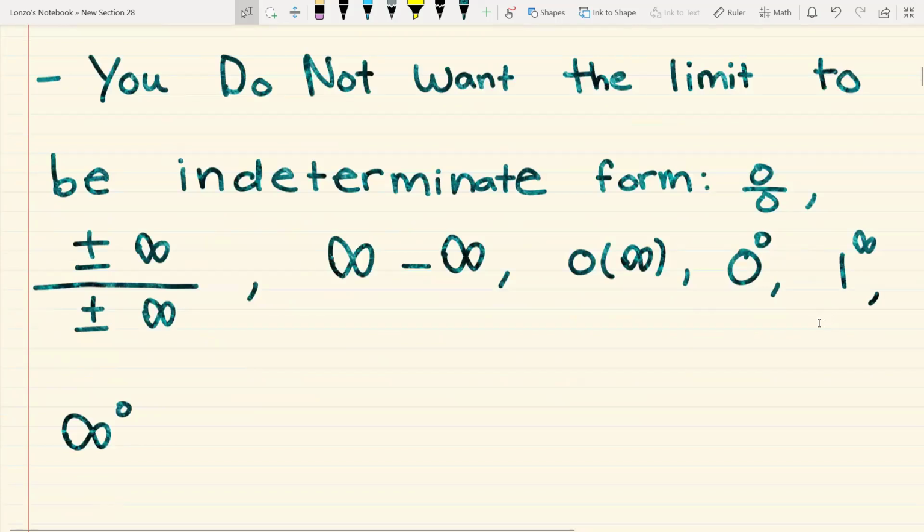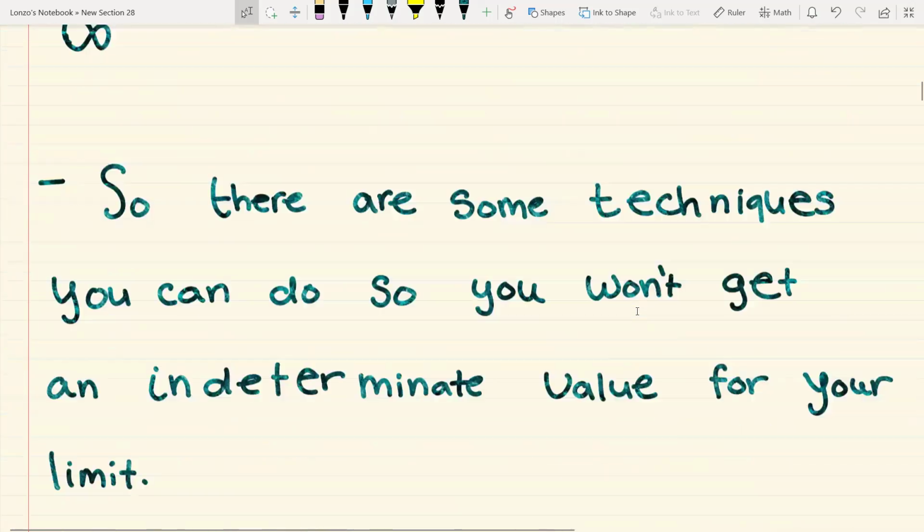Those are all indeterminate forms. Okay, so you don't want to have that. So there are some techniques you can use so you won't get an indeterminate value for your limit.